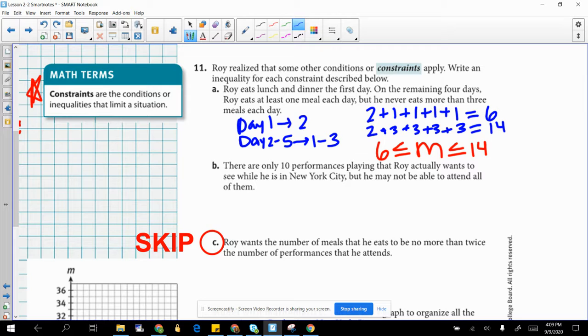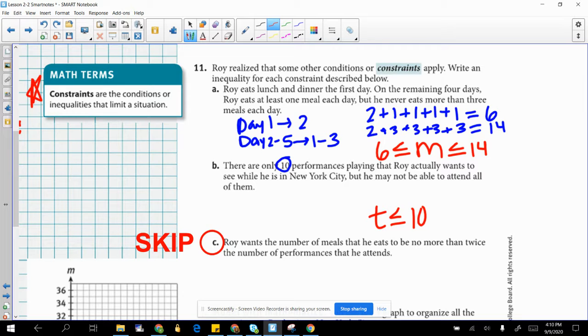Okay. Then part B says there are only 10 performances that Roy actually wants to see while he is in New York City, but he may not be able to attend all of them. So now we know we have a maximum of 10 performances. And again, we're talking T tickets because we're talking about the performances. We know that he could go to all 10, so it could equal 10, but he also could go to less than 10.